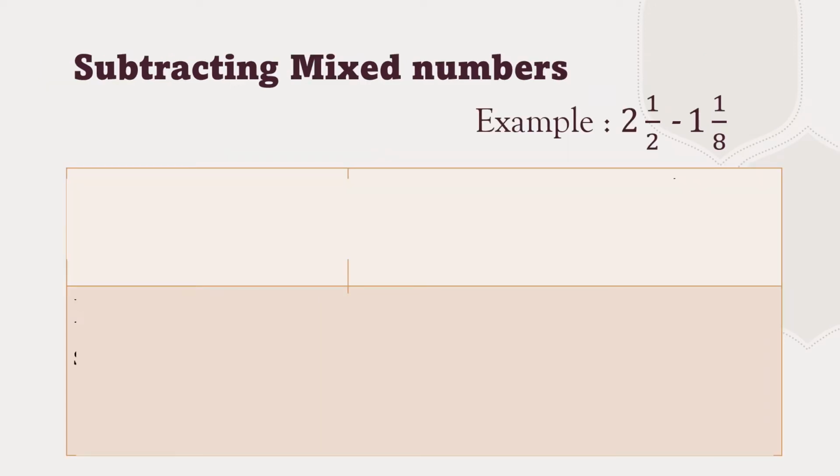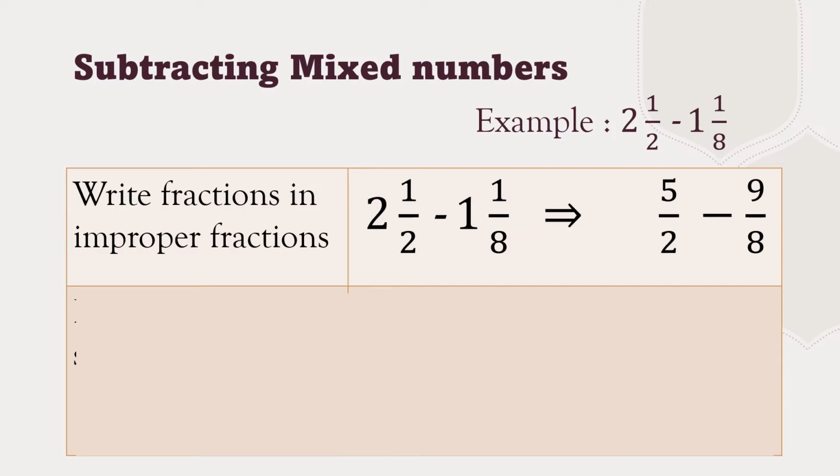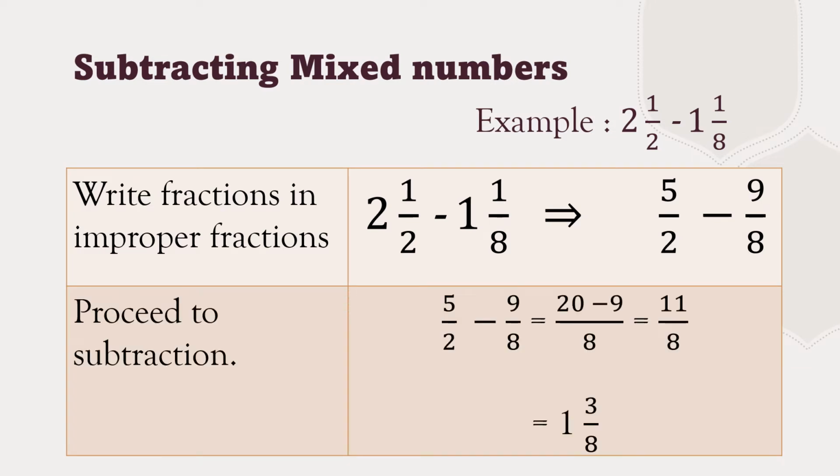Subtracting mixed numbers, and we have here an example, 2 and 1/2 less 1 and 1/8. The first thing that we do is write our mixed numbers as improper fractions. So 2 and 1/2 will become 5 halves, and 1 and 1/8 will become 9 over 8. Since these fractions are unlike fractions, we will look for the LCD.